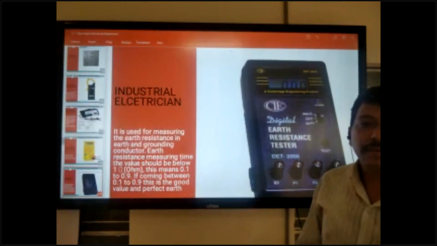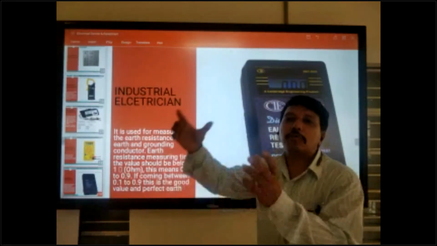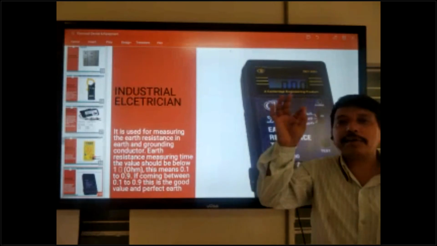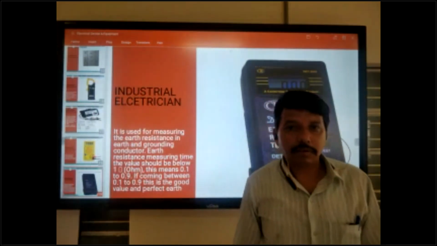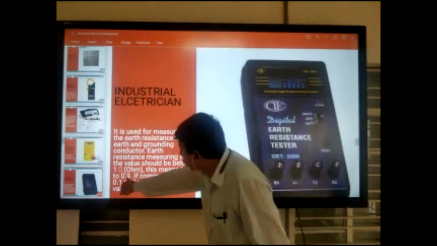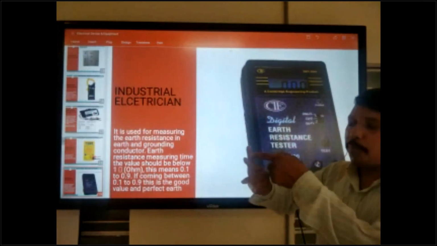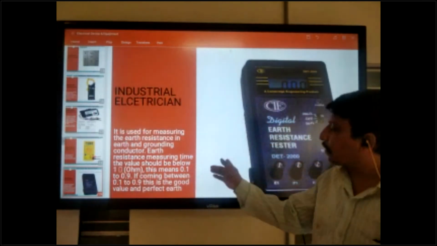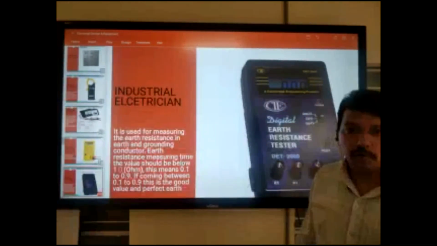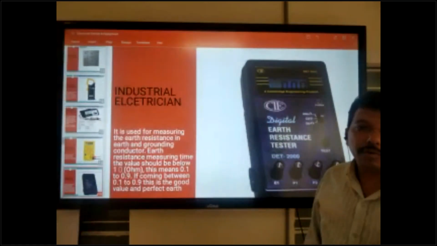The resistance should be 0.1 to 0.9. If it comes like that, 0.1, 0.2, 0.3, 0.4, up to 0.9, this is a good or perfect value of earth. 1 and above is no good.